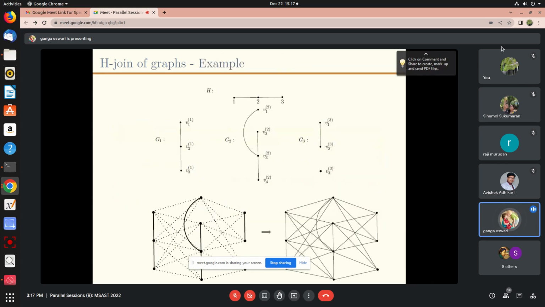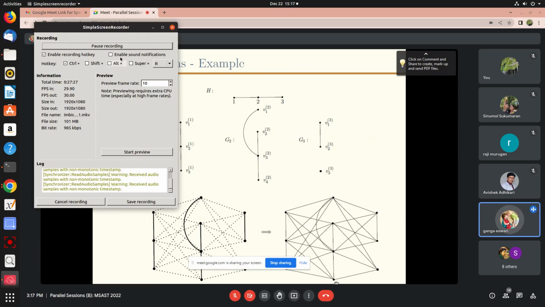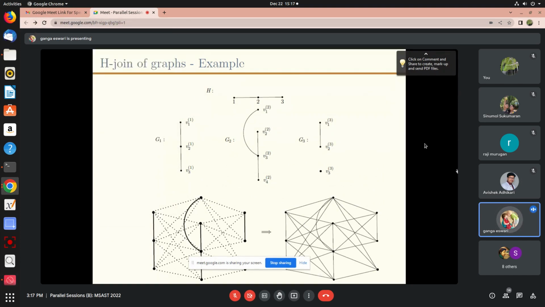So basically I'm going to calculate the degree of the graphs. Instead of calculating degree in the big graph, I'm going to visualize this big graph as an H-join of these 3 graphs. So it is enough to calculate degree in H and G1, G2, G3.